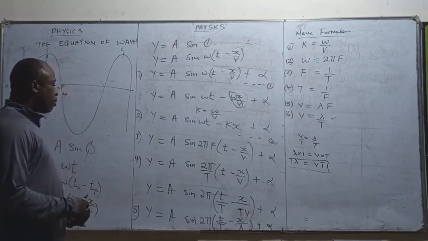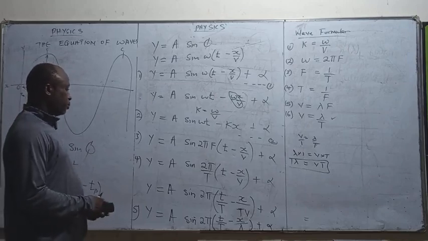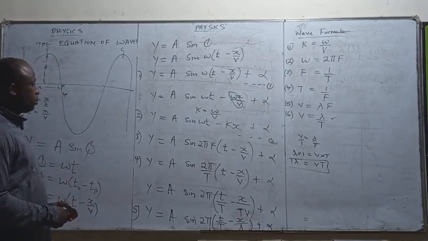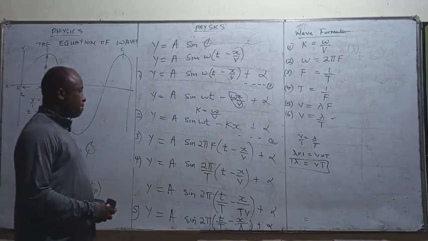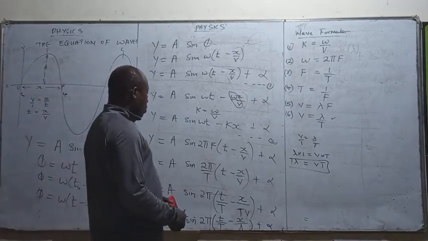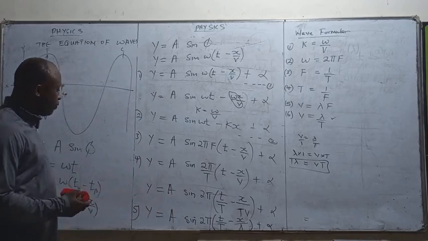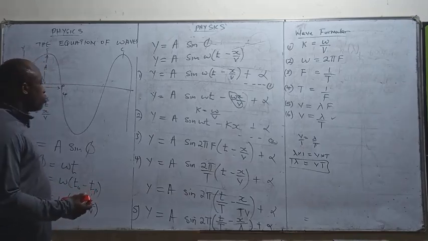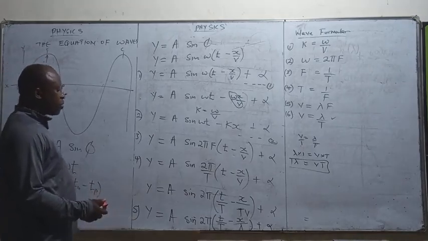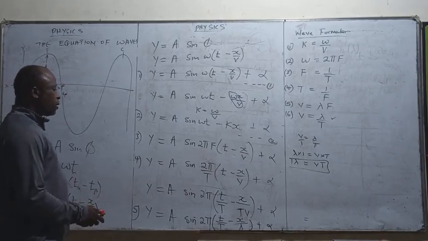So there is need for us to have a further equation. We can have a further equation, so it can be 6 equations. We can do that.